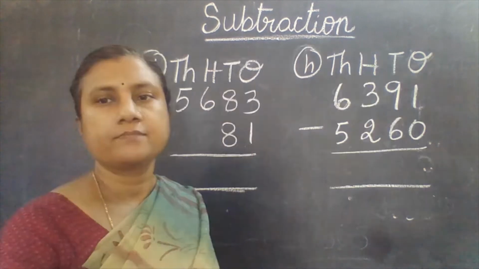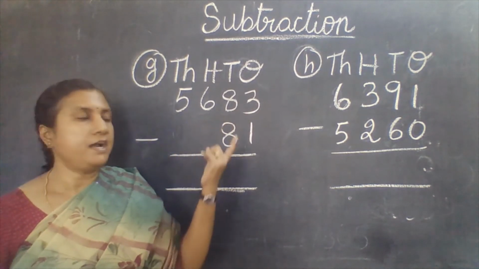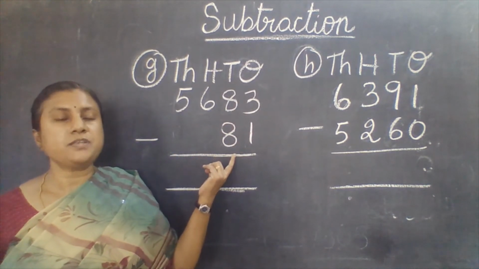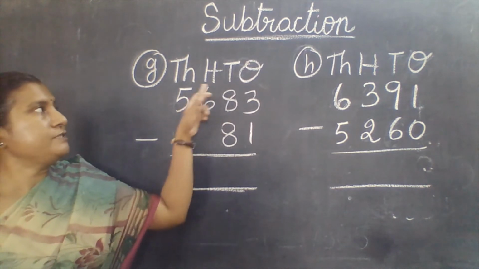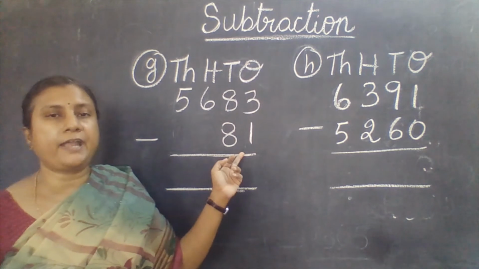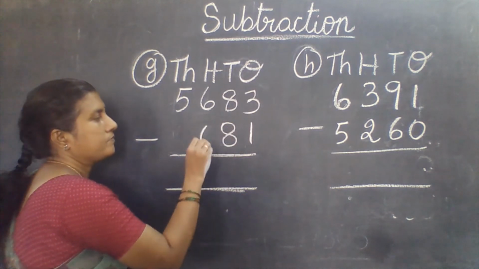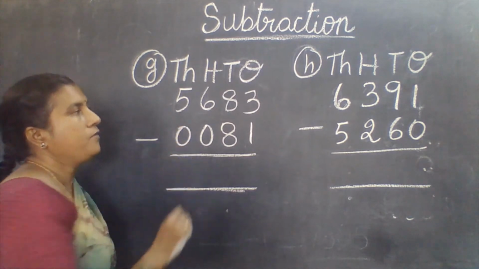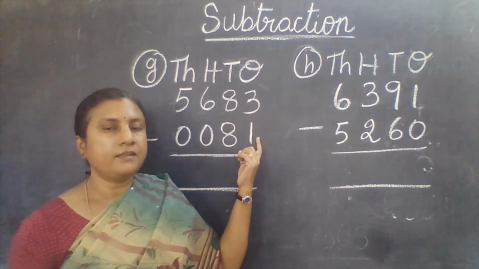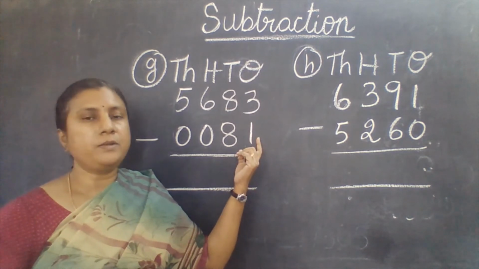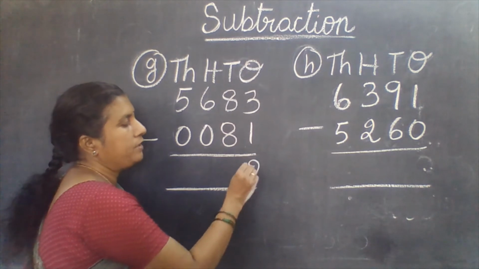So what is the answer? 2350. Here we have 5683 and 81 to subtract. Since there are no digits in hundreds place and thousands place for 81, we can write zeros. Now we have to start from ones place. 3 and 1 are there to subtract. So according to one property, the difference will be 2, which is the before number to 3.